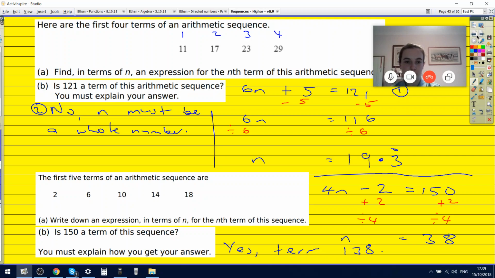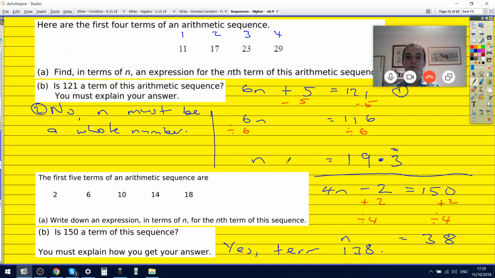No. Okay, so yeah, the way you do these, and if you don't want to do it in your head, is you write the nth term, and you know that that nth term has to be equal to whatever term they are saying is in the sequence. So 6 times something plus 5 gives you 121, 4 times something minus 2 gives you 150, and then just work backwards to solve it.